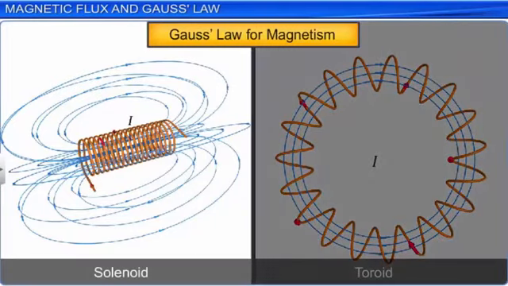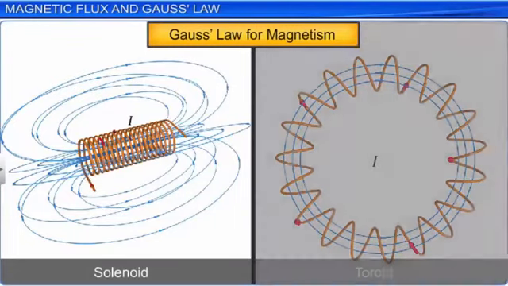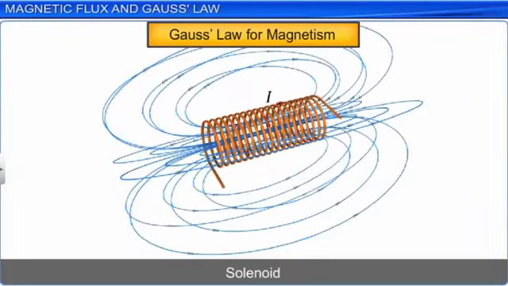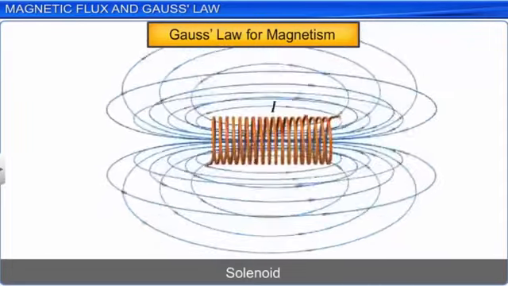In the case of a current-carrying solenoid, the magnetic field lines around the solenoid are similar to the magnetic field lines due to a magnetic dipole. Here, the magnetic field lines come out from one face of the solenoid and enter into its other face.